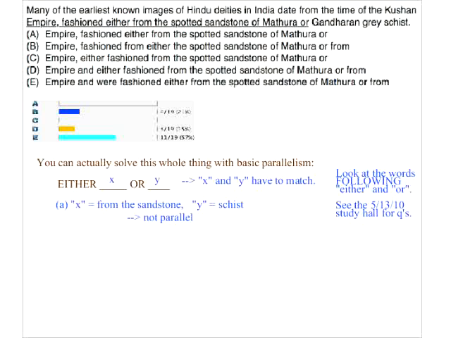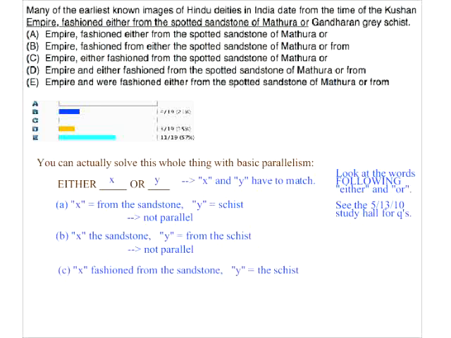In choice B, the words following "either" are just the sandstone, but the words following "or" are from the schist. It's the same problem that A has, but the other way around. C, the words following "either" are "fashioned from," and the words following "or" are just the schist. So not parallel.